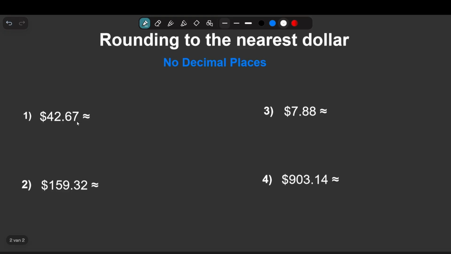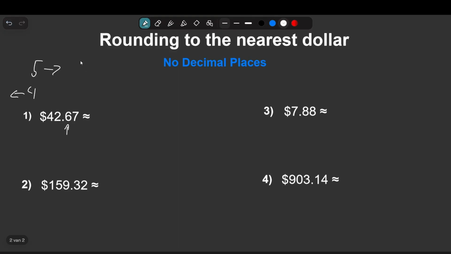To do that, we're going to look at our tens place, so the 6. We're going to look at if it is 5 or higher or 4 or lower. If it is 5 or higher, we are going to round up. But if it is 4 or lower, we are going to round down.